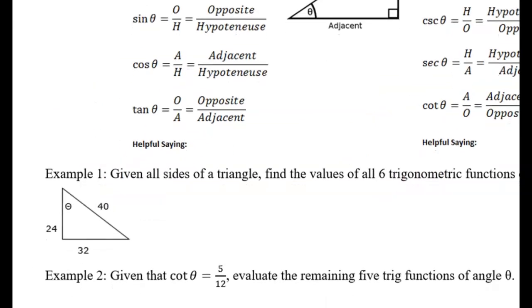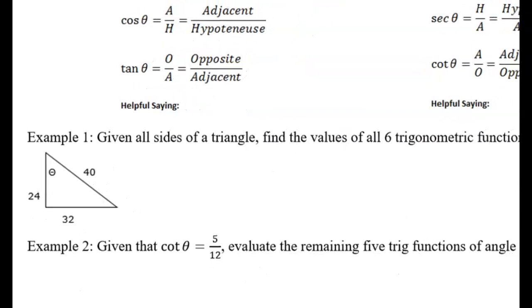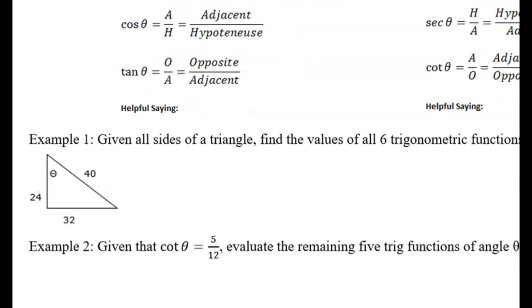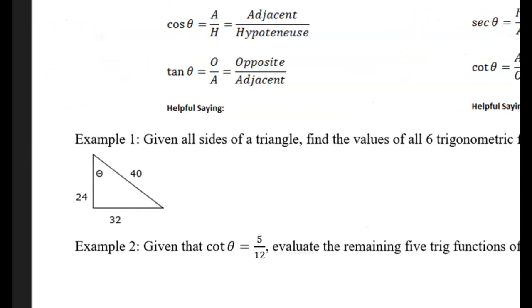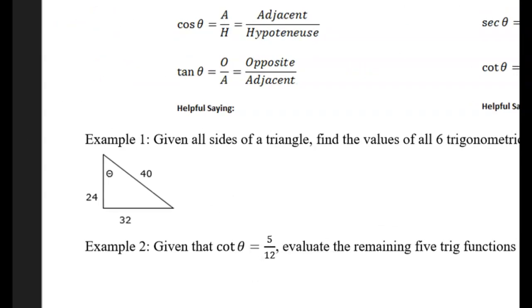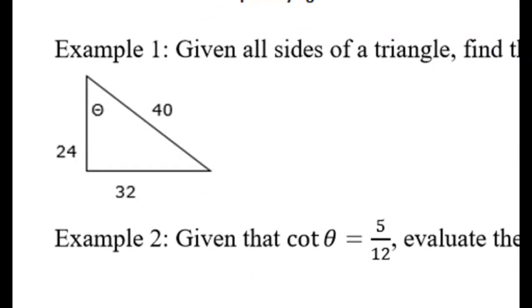All right. We're given this example, and it says, given all the sides of a triangle, find the values of all six trigonometric functions. I hope that your teacher labeled angles using this symbol theta, kind of like an O with a line in the center. This is theta.